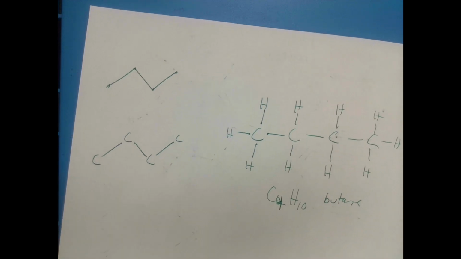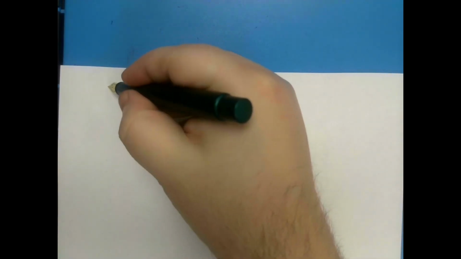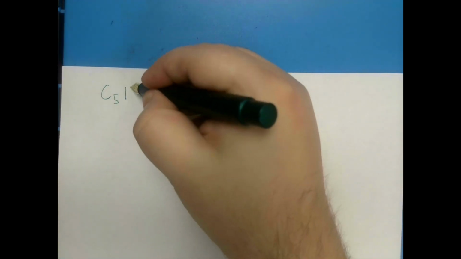So why is this important? For the most part throughout this class, I give you a formula, and you know what the molecule is, right? You can go from a formula to a molecule. So, C5H12O. What molecule does this refer to?